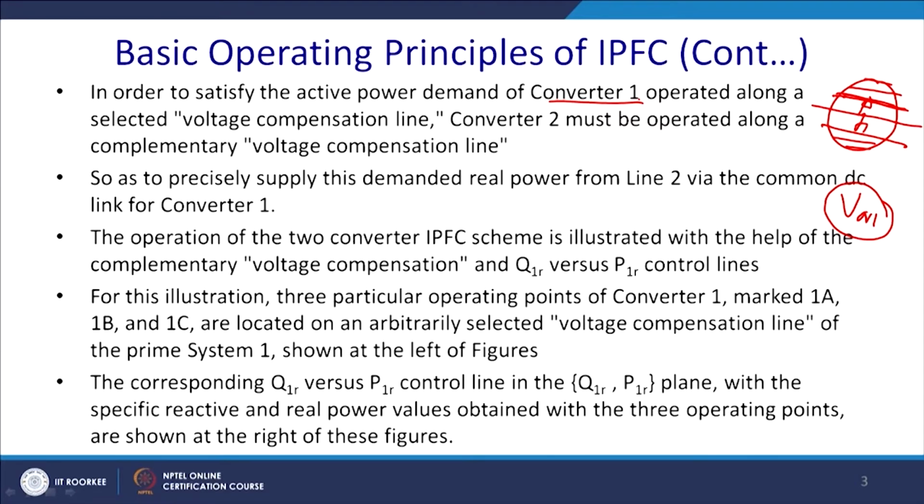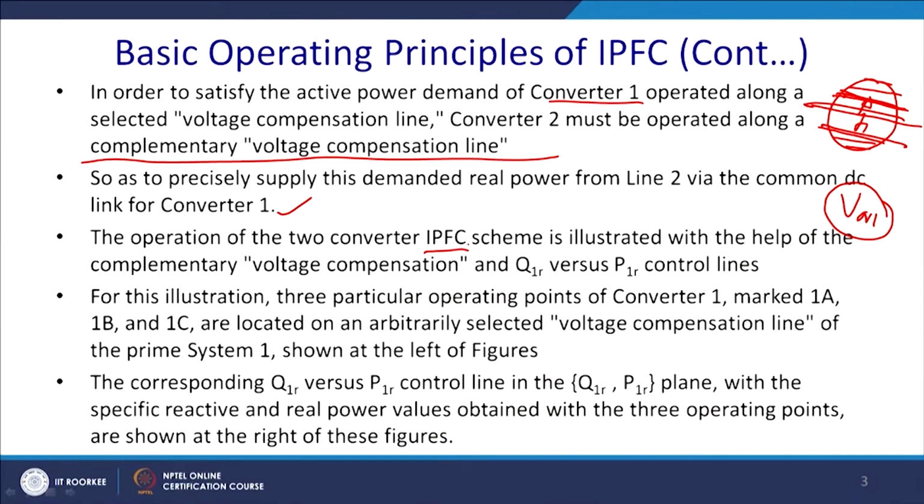In order to satisfy the active power demand of converter 1, operated along the selected voltage compensation line, any line here or here, even here where there is no compensation of the real power, converter 2 must be operated along a complementary voltage compensation line, so as to precisely supply this demanded real power from line 2 via the common DC link to converter 1.